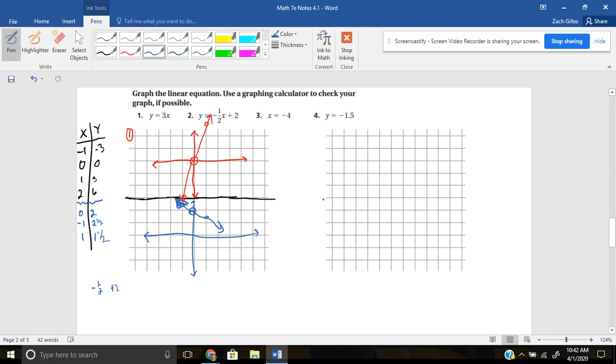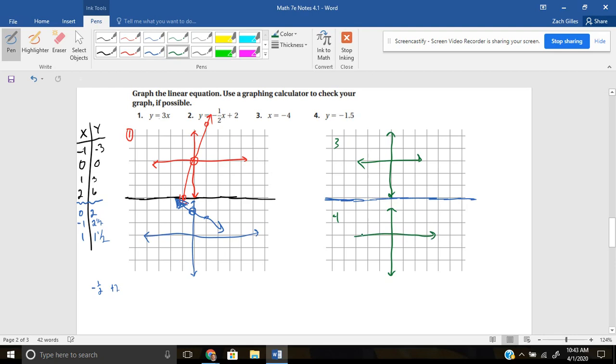For numbers 3 and 4, those are those vertical and horizontal line examples that we saw in example number 2. So I'm going to make 2 graphs here for you. I'll do number 3 right here and number 4 right there.